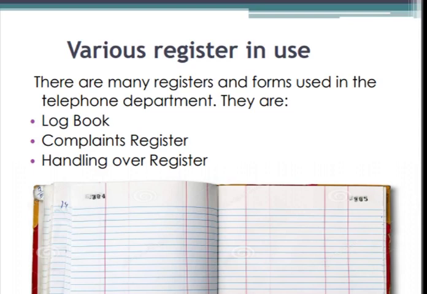Logbook is basically the book used to forward the logs between the employees of the same department. Let's take an example. I am doing a night shift from 10 at night to 7 in the morning, and the other person is relieving me at 7:15.